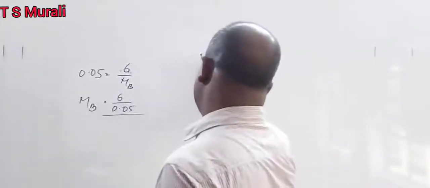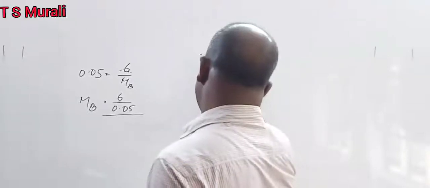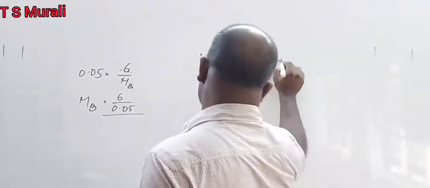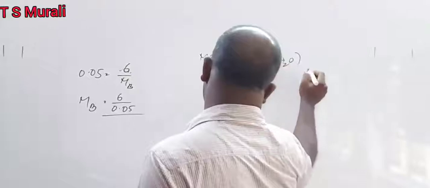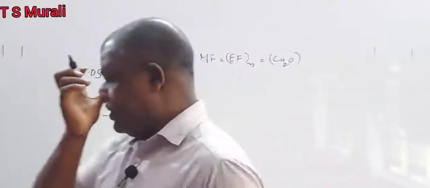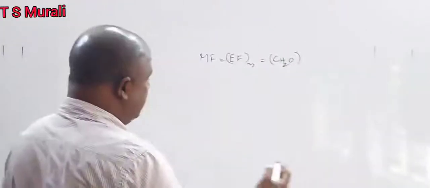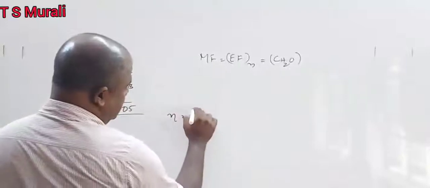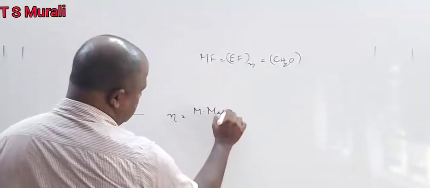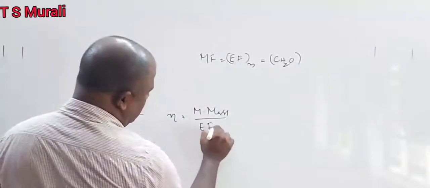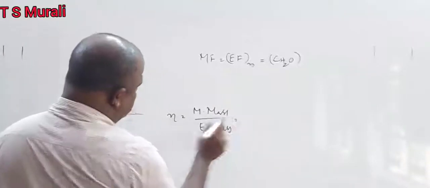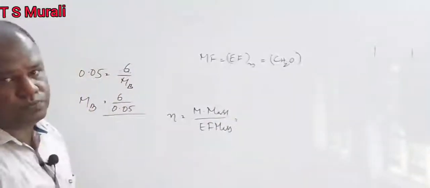Molecular formula is equal to empirical formula times n, means CH2O times n. That n you have to find. For measuring the value of n, the formula is molecular mass divided by empirical formula mass. That molecular mass you are getting from here.